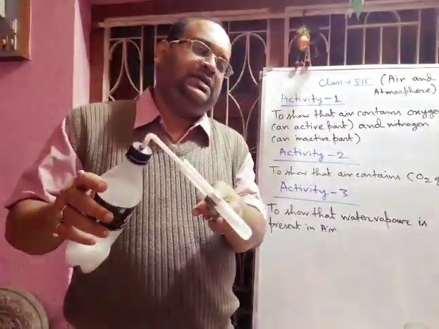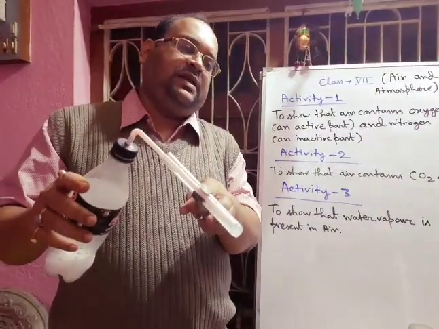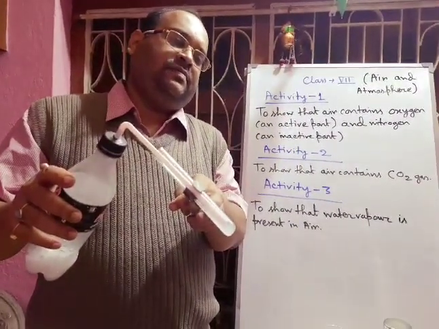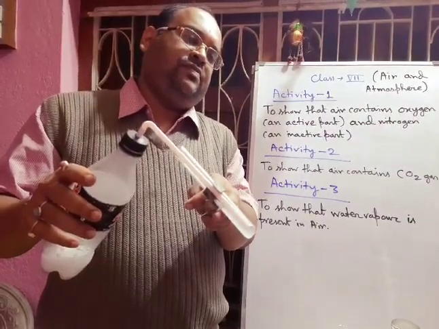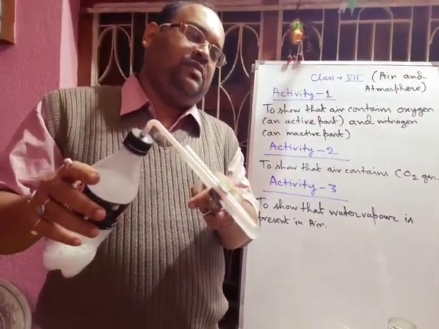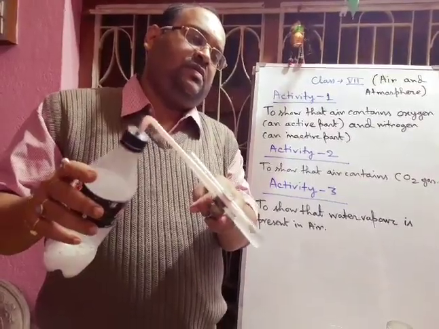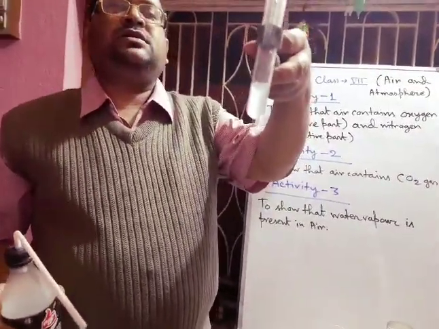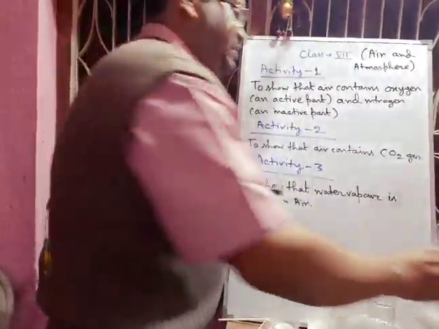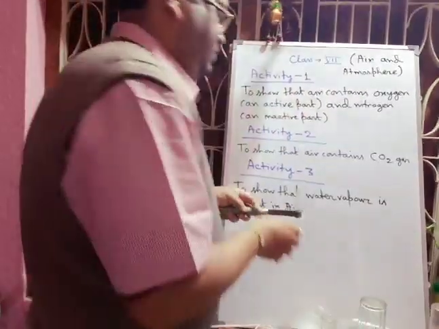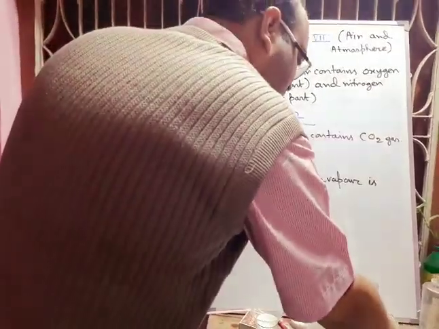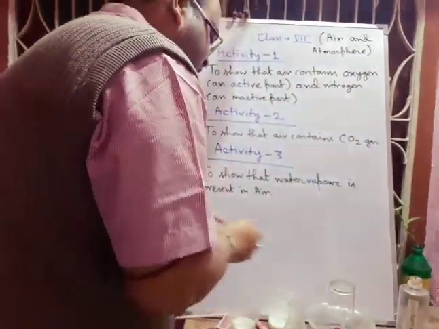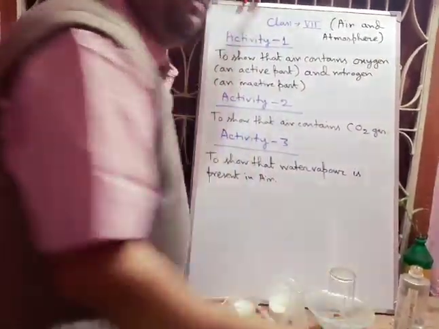Okay, now if you pass it for a long time, it will become colorless. Now it is almost colorless. So in this way, we can easily prove that air contains carbon dioxide, and this carbon dioxide gas has some fire extinguishing property.